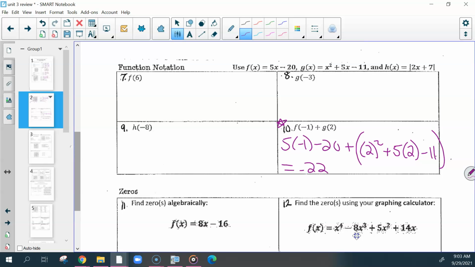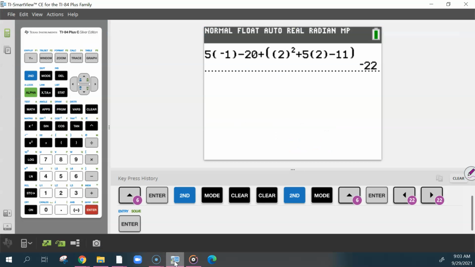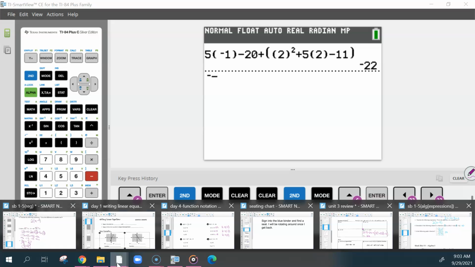Negative 1, then minus 1. I don't know if you can tell, but if you put minus and you put a negative, the negative is shorter than the minus. So if you need to subtract, put minus, but if you have a negative, put the negative. They look similar. The negative is the one with the line at the bottom, yep.